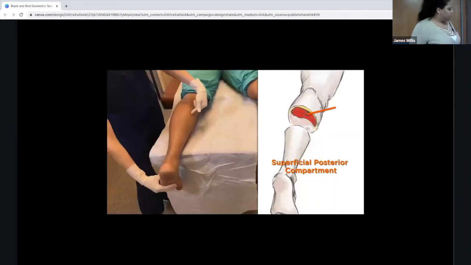And with the superficial posterior, you want to dorsiflex. You're just doing that to identify your compartment. It's kind of like with ultrasound when you augment with a calf, it's like a second check measure.